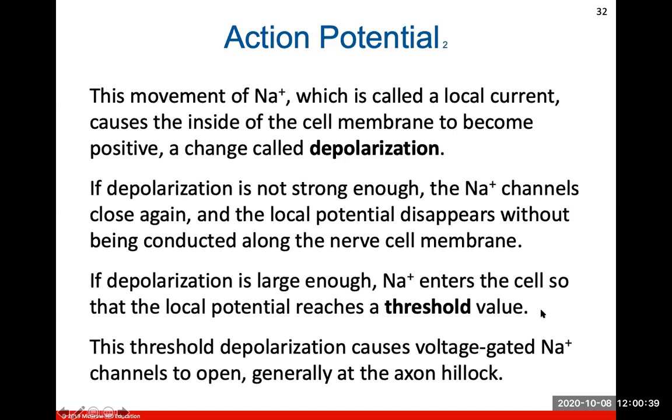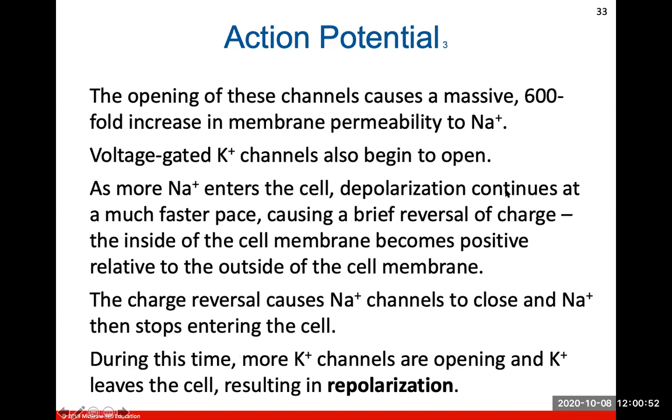And the threshold value will cause depolarization of the other voltage-gated sodium channels to open. And these generally happen at the axon hillock of the neuron.